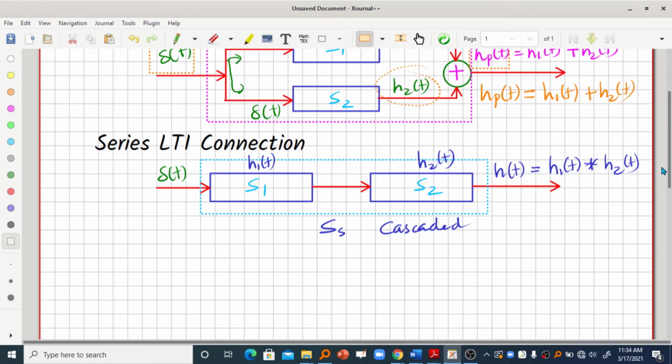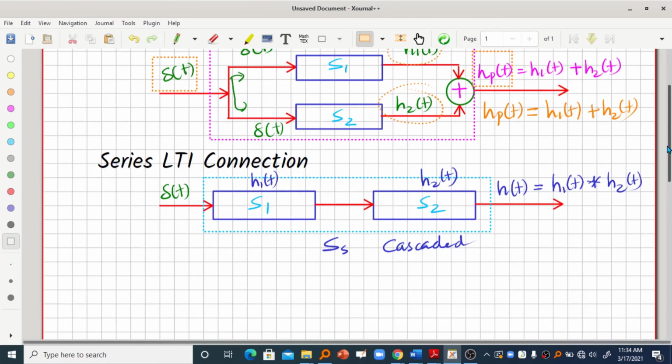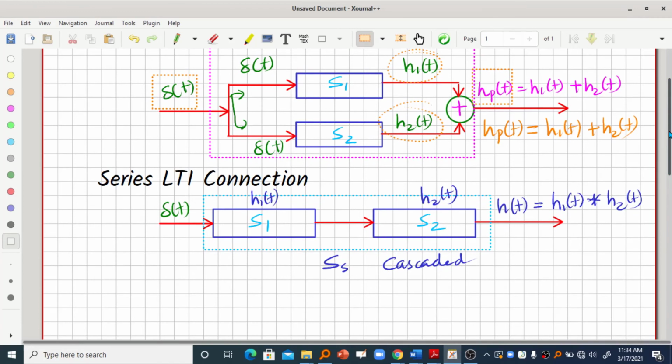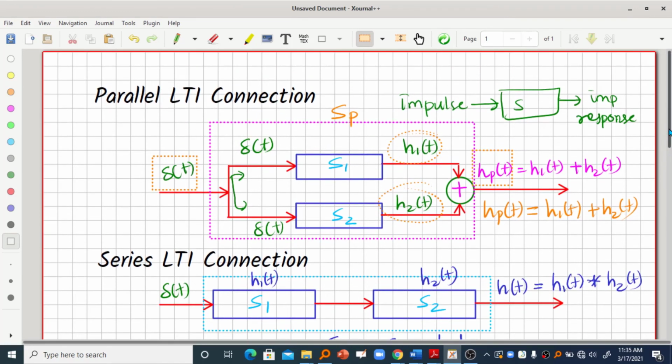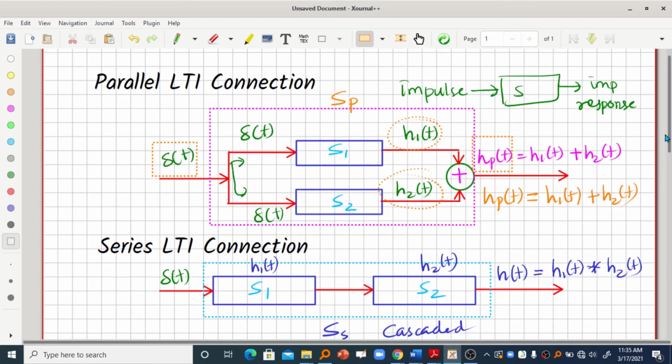So this is how the impulse responses will interact when we have systems connected in parallel and in cascade. In parallel connection the impulse responses should be added, and in the series or cascaded connection the impulse responses should be convolved, not multiplied.